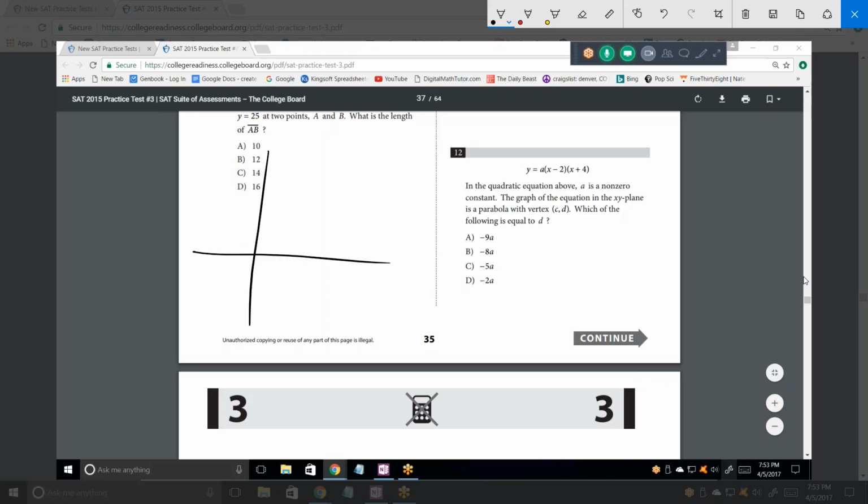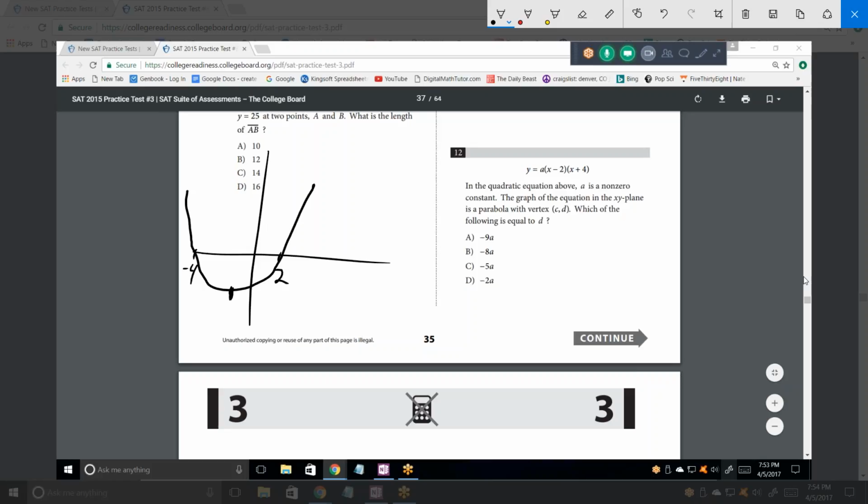In other words, the intercepts are at 2 and -4. So 2 and -4. And A is non-zero, so I have a parabola. Let's assume that it opens up like that. And I actually know where the x-coordinate of the vertex is.